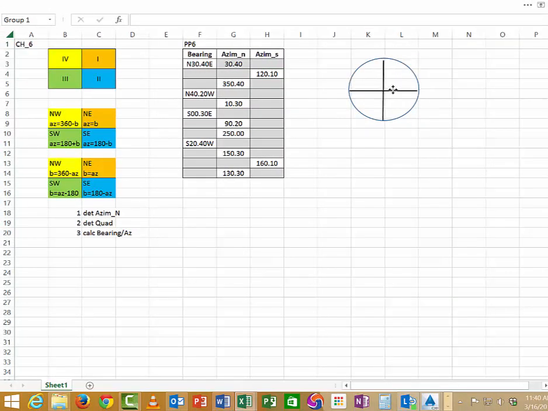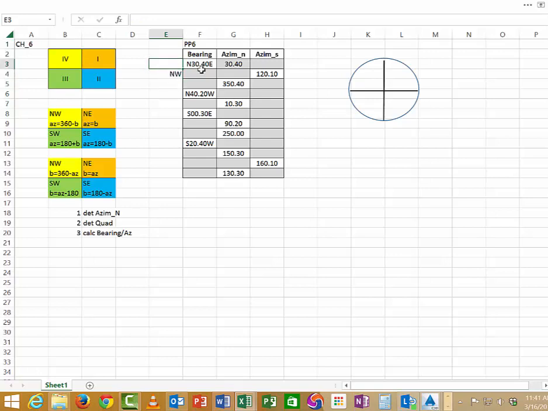So we know that's greater than 90 and less than 180, so it's got to be in this quadrant, which would be the southeast quadrant. Except that's not true, because that's a southern azimuth. So I'd have to be coming 120 from a southern azimuth this way, which would put me beyond 90 degrees, and that's northwest. And that's why we've got to sketch them and make sure.